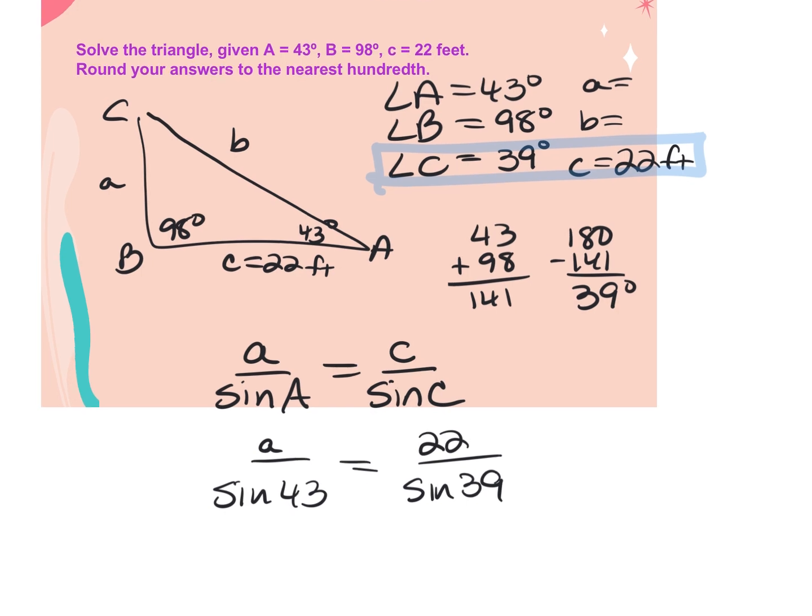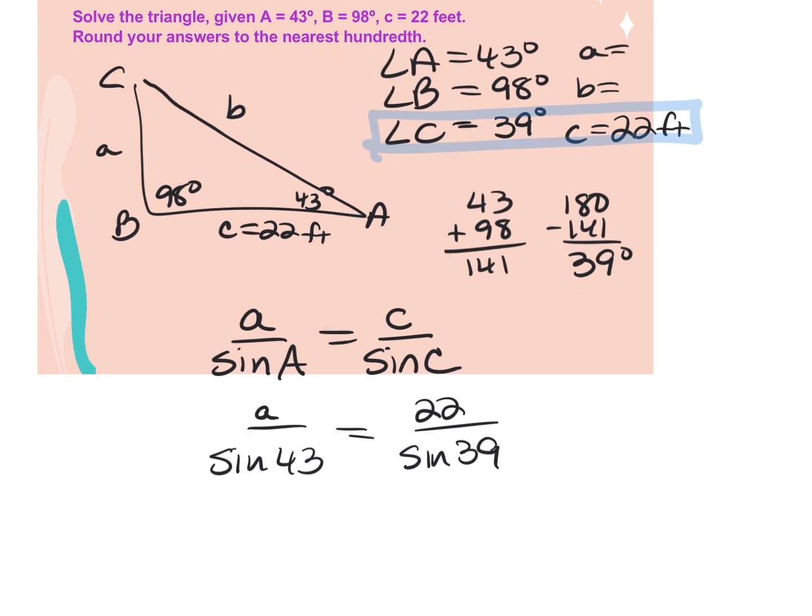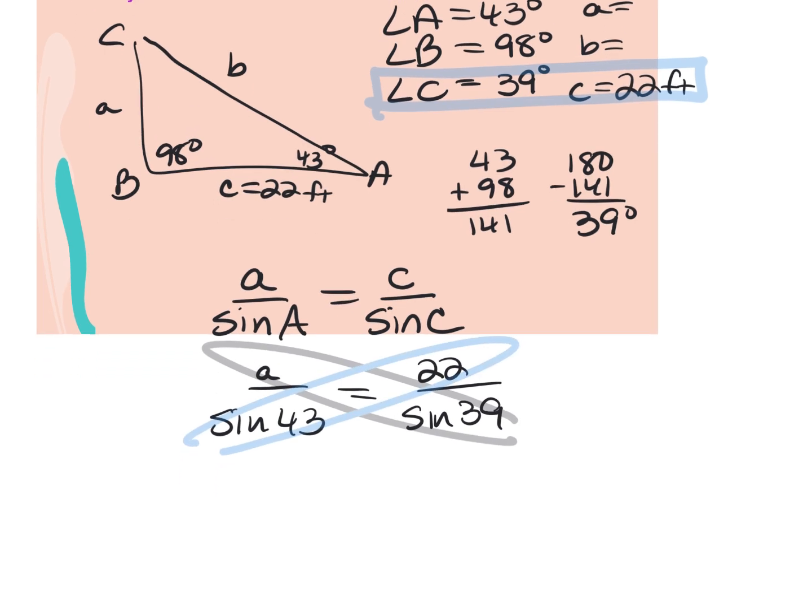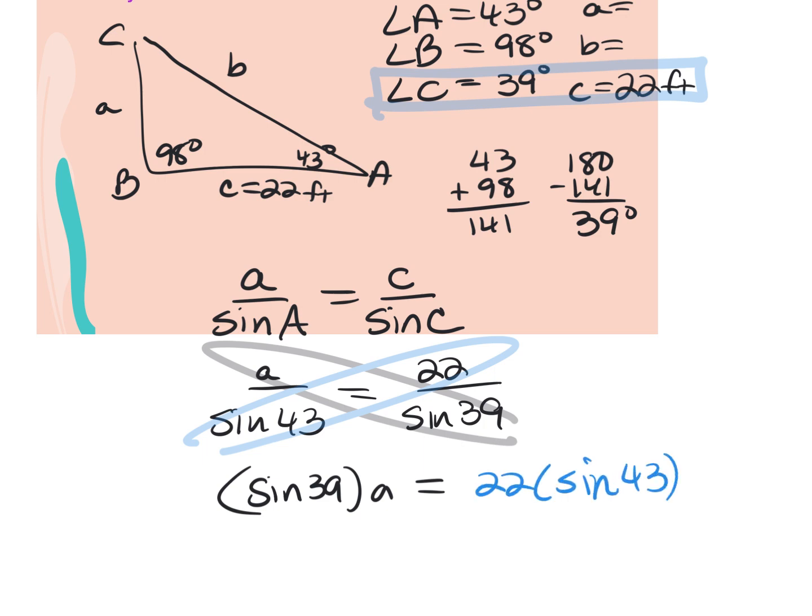And you're going to cross multiply and divide. So I'm going to multiply the sine of 39 times A, and then sine of 43 times 22. So sine of 39 times A is equal to 22 times the sine of 43.